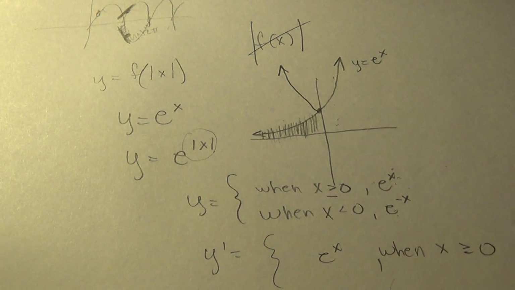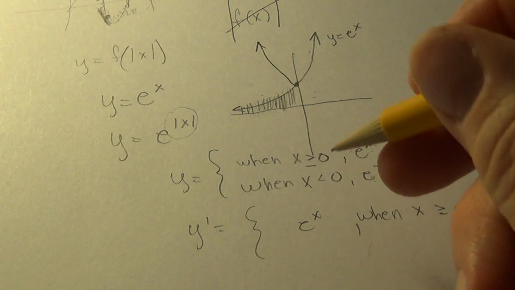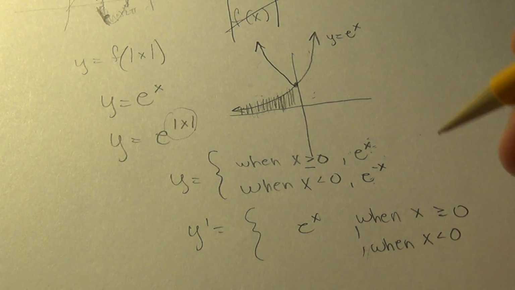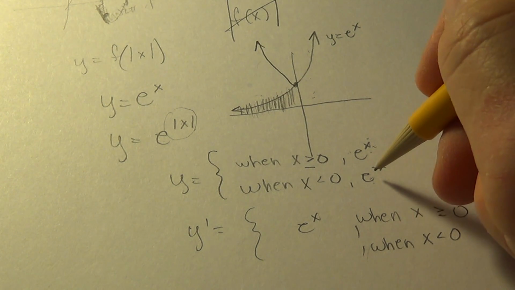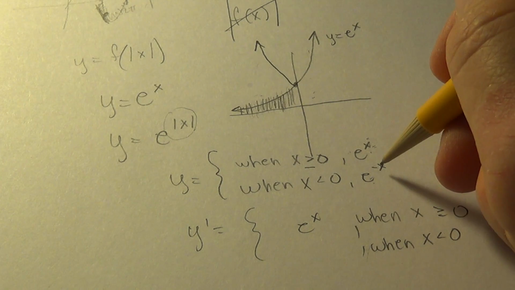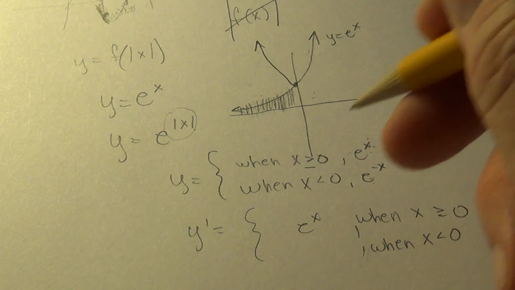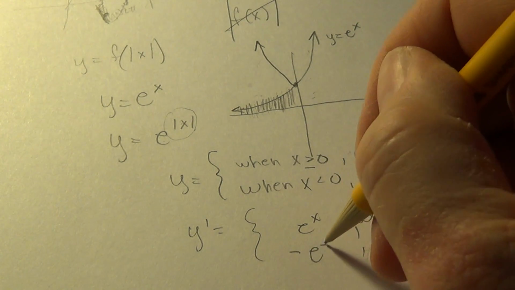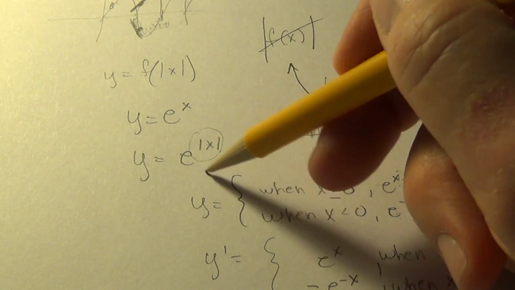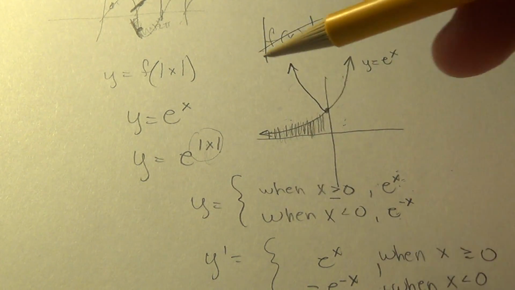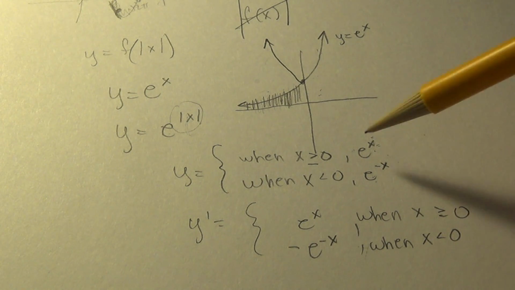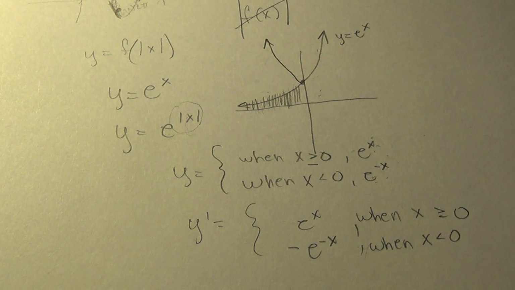But when x is less than 0, you take the derivative of that. The derivative of e to the minus x is e to the minus x times minus 1. So we get minus e to the minus x. So a good way to deal with it, when the absolute values are within the function, think of what it's doing. Redefine the function without absolute value, and then do the derivative of each piece.